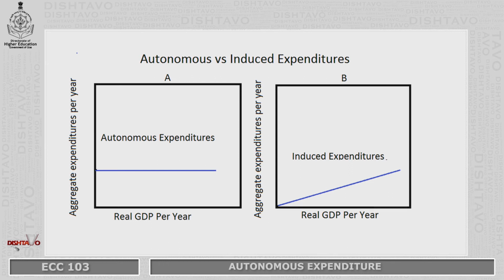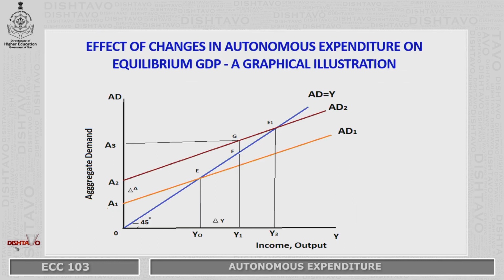In panel B of the figure, you see a positive slope of the aggregate expenditure curve, which indicates that these are induced expenditures. They go up when consumption goes up. The slope of this curve indicates the marginal propensity to consume, that is, to what extent consumption changes when income changes.